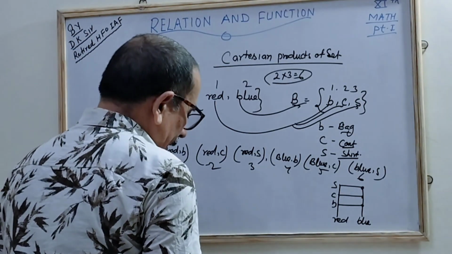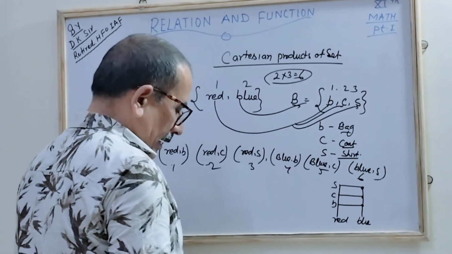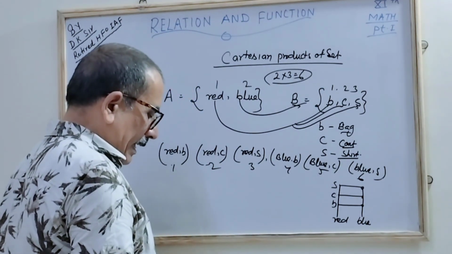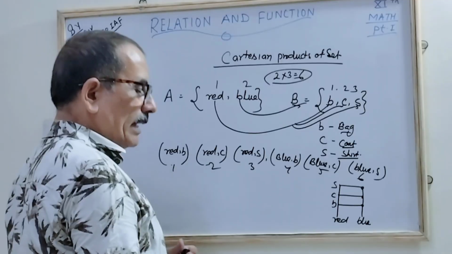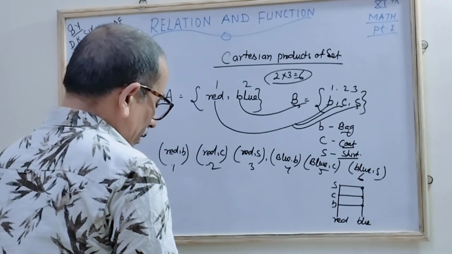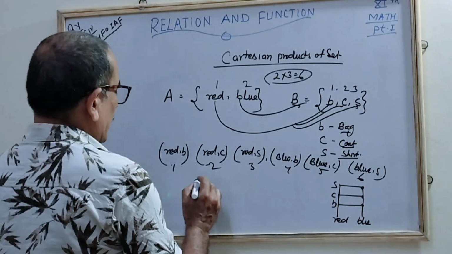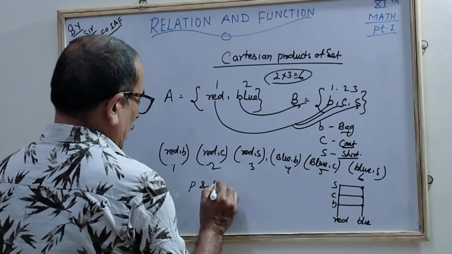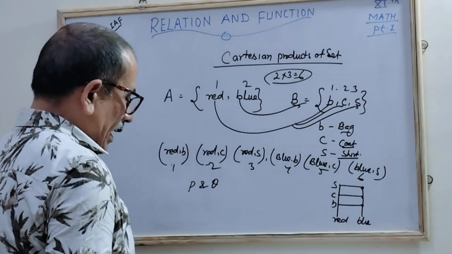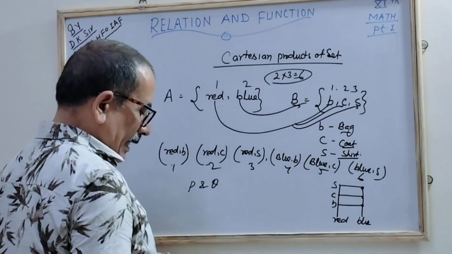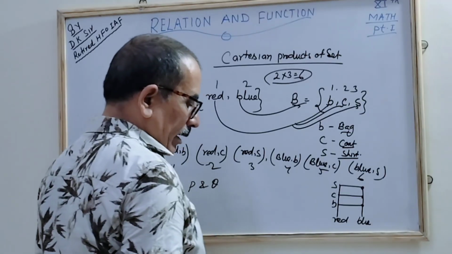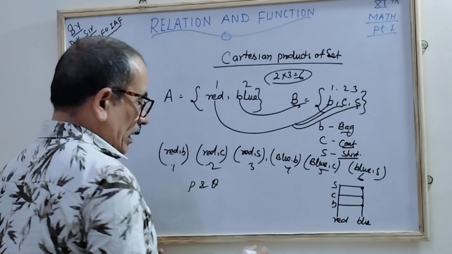Let us recall from our earlier class that the elements taken from any two sets. Suppose the two sets you are taking are P and Q, correct? The P and Q is a pair of the elements written in the bracket and grouped together in the particular order. How can you write it?